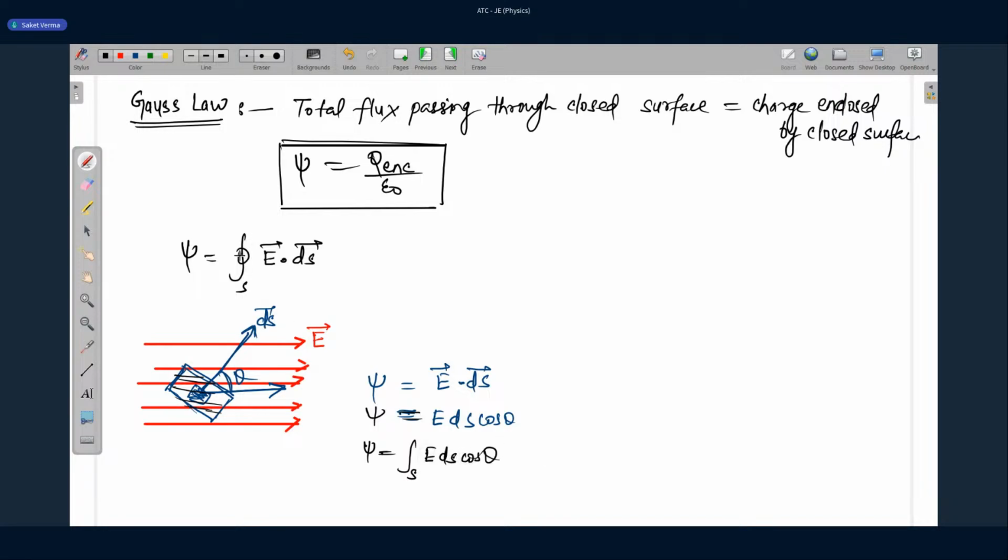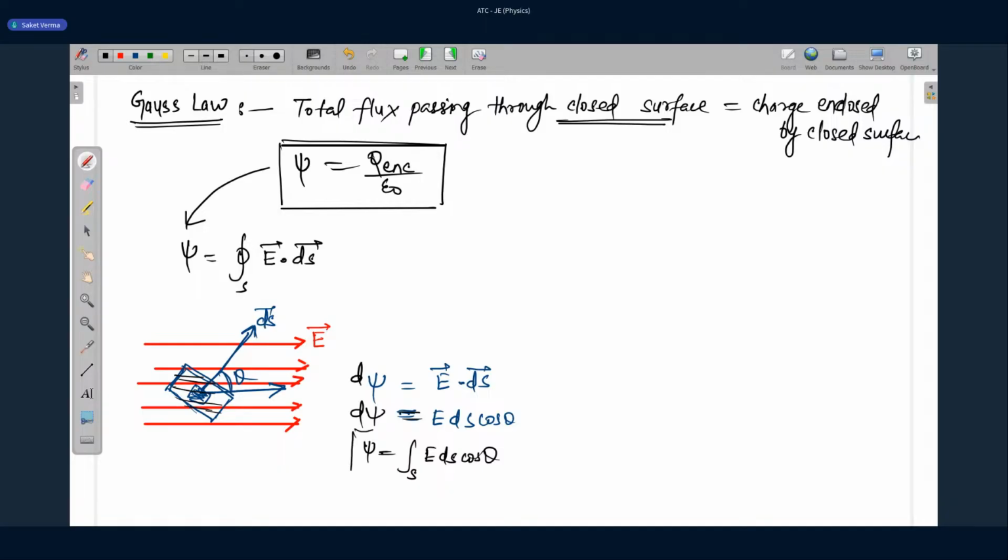Here we are saying closed surface. Remember that in Gauss law we calculate the flux through a closed surface. But what is the definition of flux? Flux is not always calculated over a closed surface. In general, the flux is calculated as the integration over the surface of E dot ds, the flux through the small surface d phi.